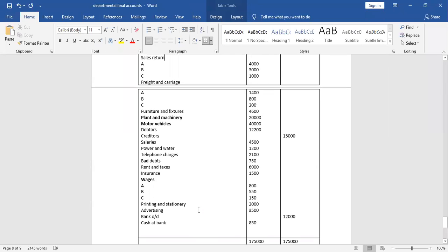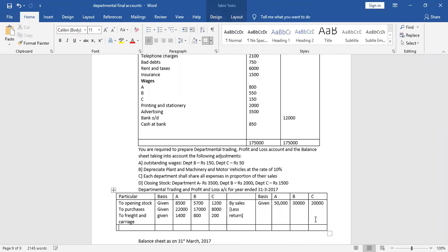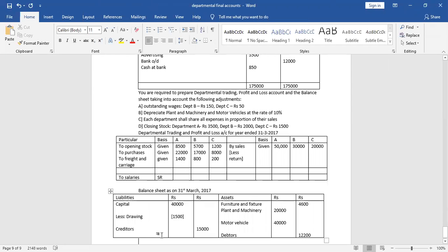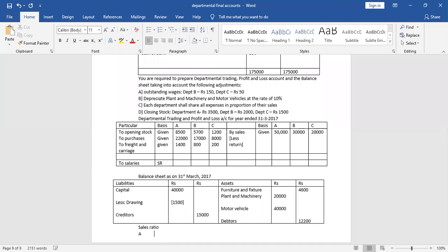Then we have salaries 4,500. We have to divide in the sales ratio because all the expenses have to be divided in the sales ratio. So I will write here to salaries, sales ratio. But we have to find out the sales ratio. What sales is given?